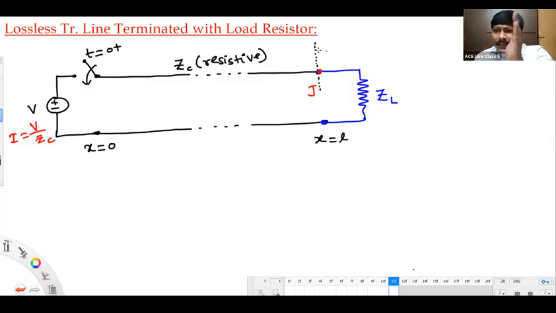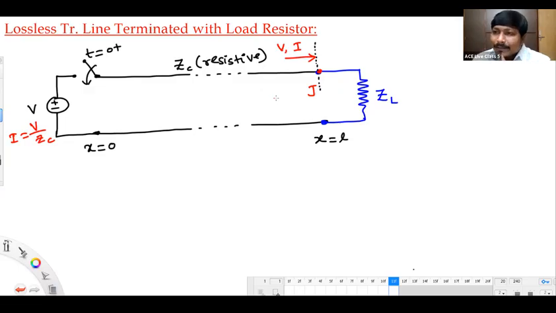Because after reaching this point, the voltage and currents experience a load. And this ZL value, whatever we have shown here, might not be equal to ZC.